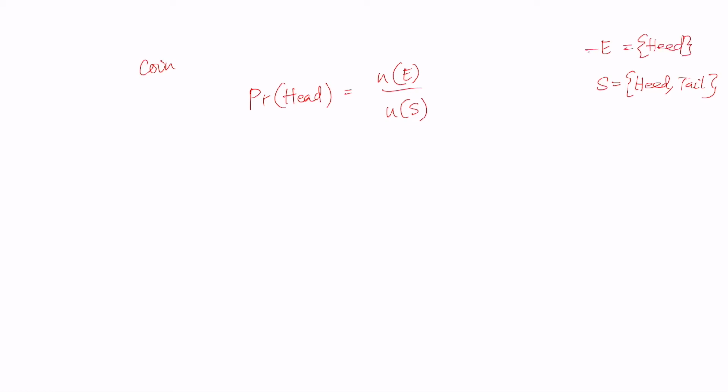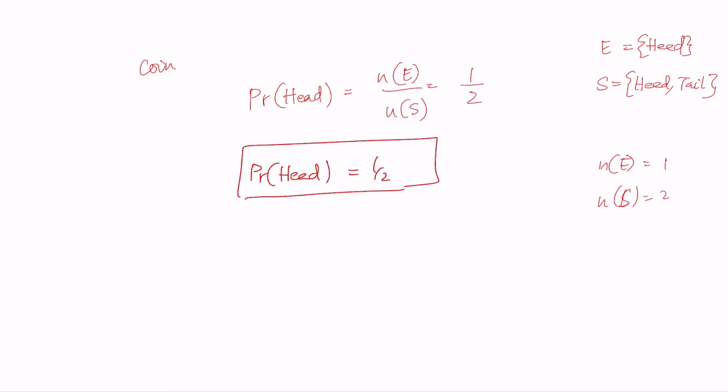Whenever you see the term n of e, it basically represents the number of individual values in the event. So n of e is 1 here, n of s is 2. When you substitute, you get 1 by 2. So the probability of head here can be written as 1 over 2. This is an example of probability.